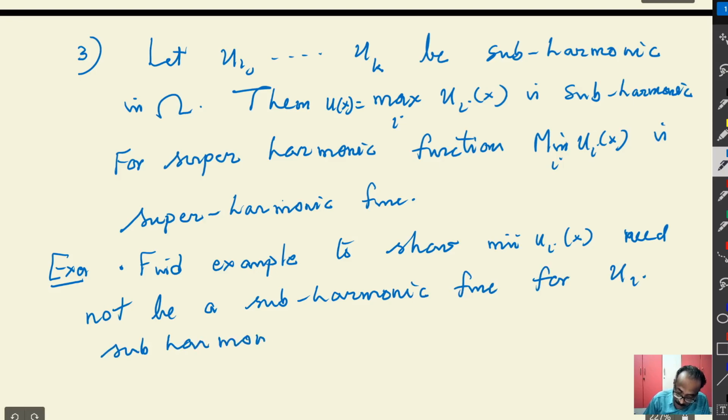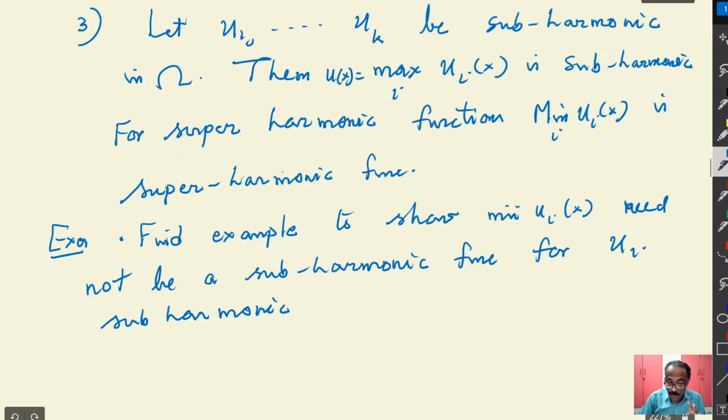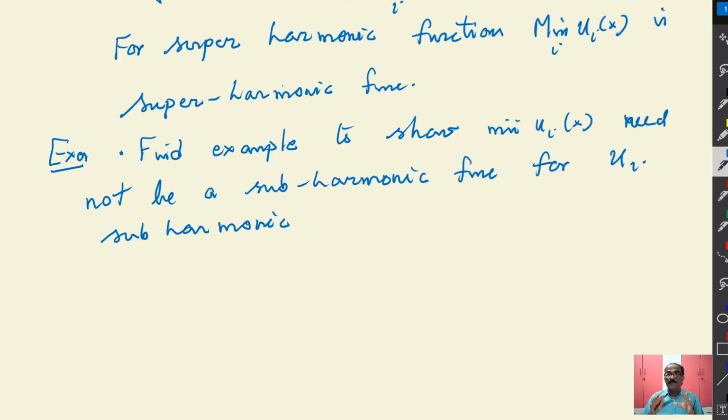So minimizing sub-harmonic functions is not immediate. Similarly, the maximum of super-harmonic functions need not be a super-harmonic function.